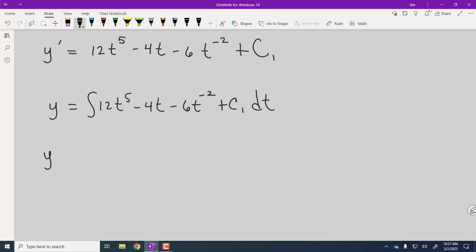And so the function that we're looking for, add 1 to the exponent, divide. Add 1 to the exponent, divide. That's 2. Add 1 to the exponent and divide.